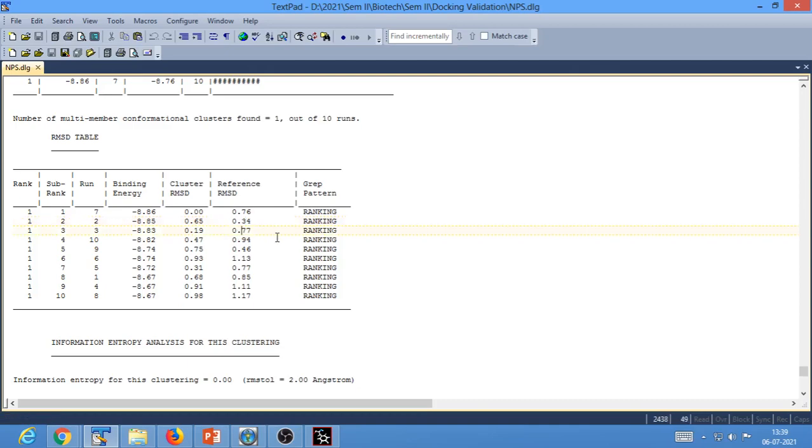In this way you can conclude that we were able to successfully validate our protein-ligand system, our docking system, and hence we can now use our test ligand to determine if they can dock into the binding site of the protein or not. And here, my friend, is the application of RMSD in molecular docking.